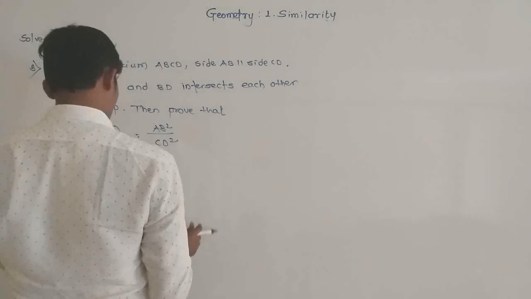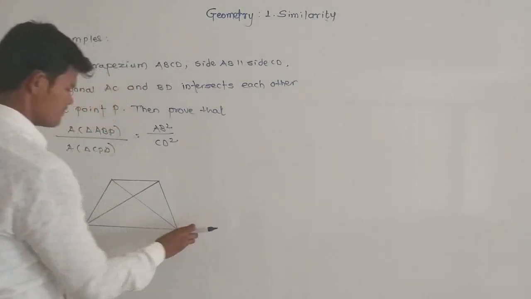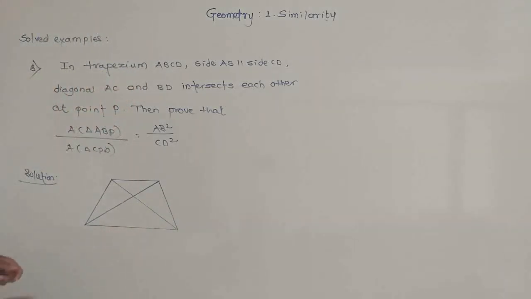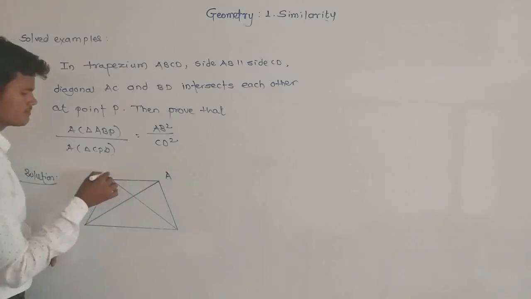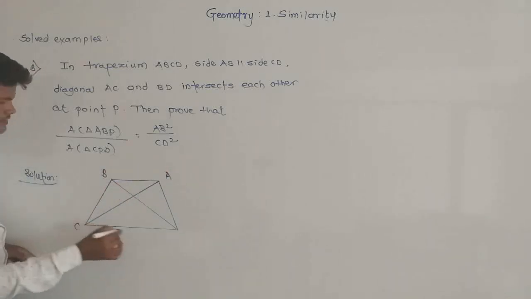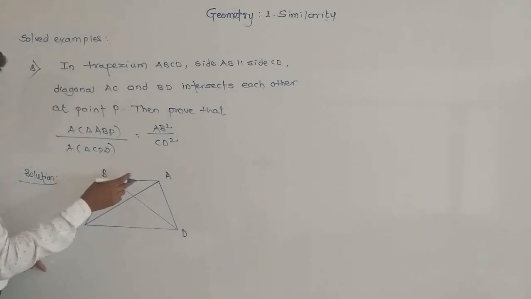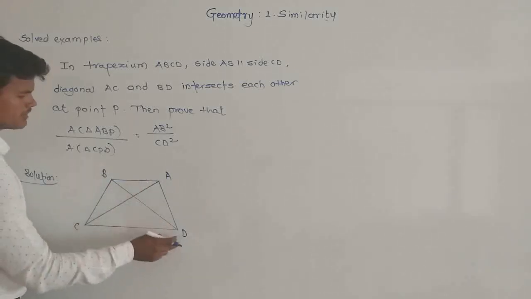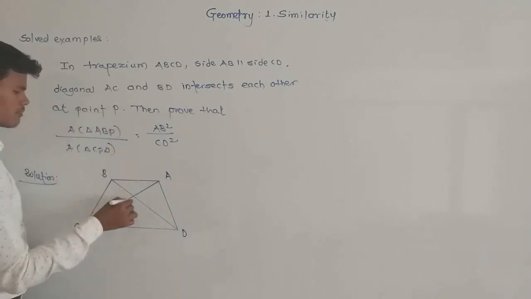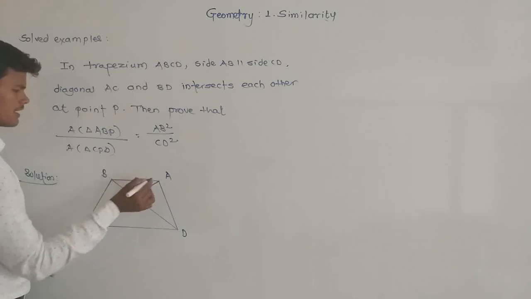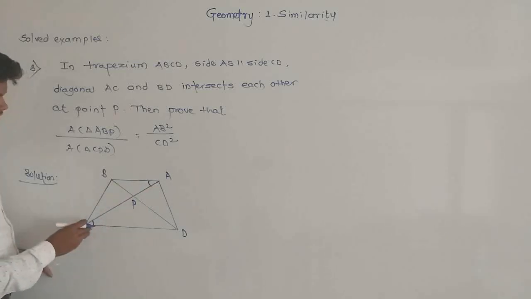So here in trapezium ABCD, side AB is parallel to side CD, and both the diagonals, AC and BD, intersect each other at point P, and given that angle A is congruent to angle C.